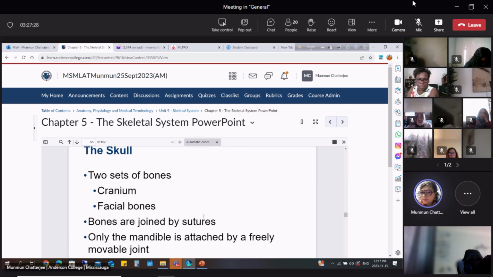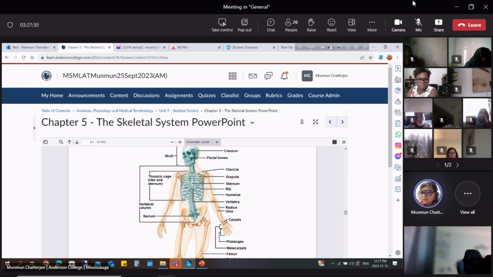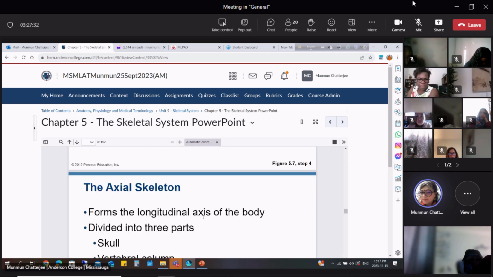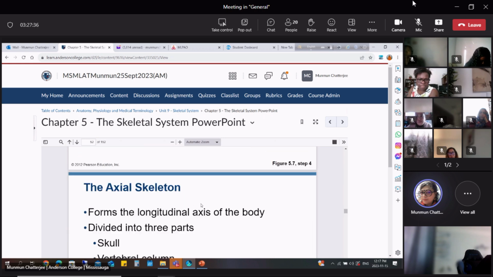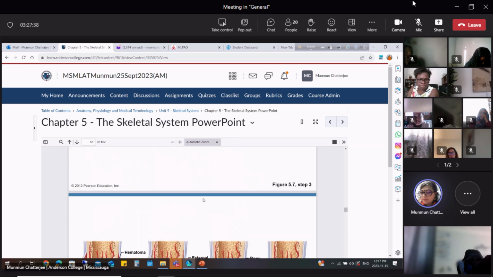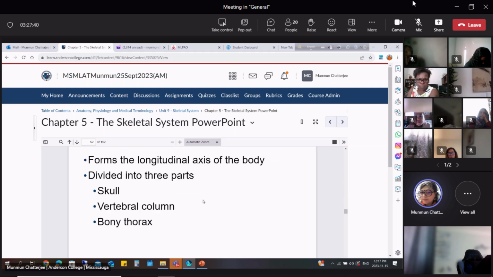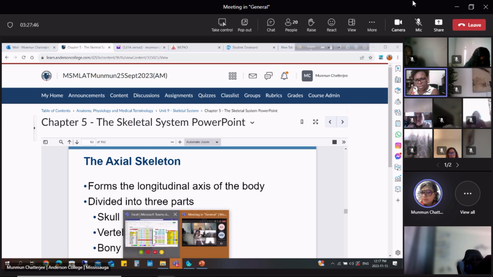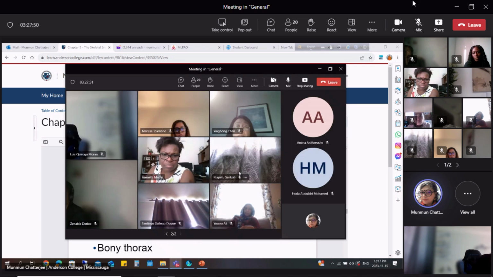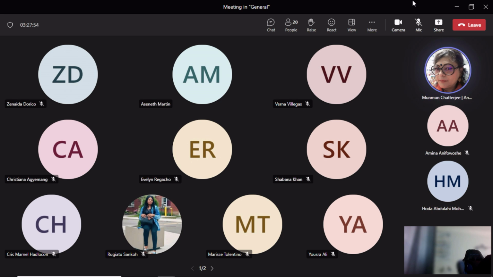No, we are going to go. This is a new chapter, so we are going to go tomorrow. You study this one, okay? This is the new axial skeleton. You have to start from here. Because if I start, I have to continue. So I can work on something else by this time for your things. All right, thank you. Okay, I'm stopping sharing the screen now, but I'm going to be on the team. Okay, good.